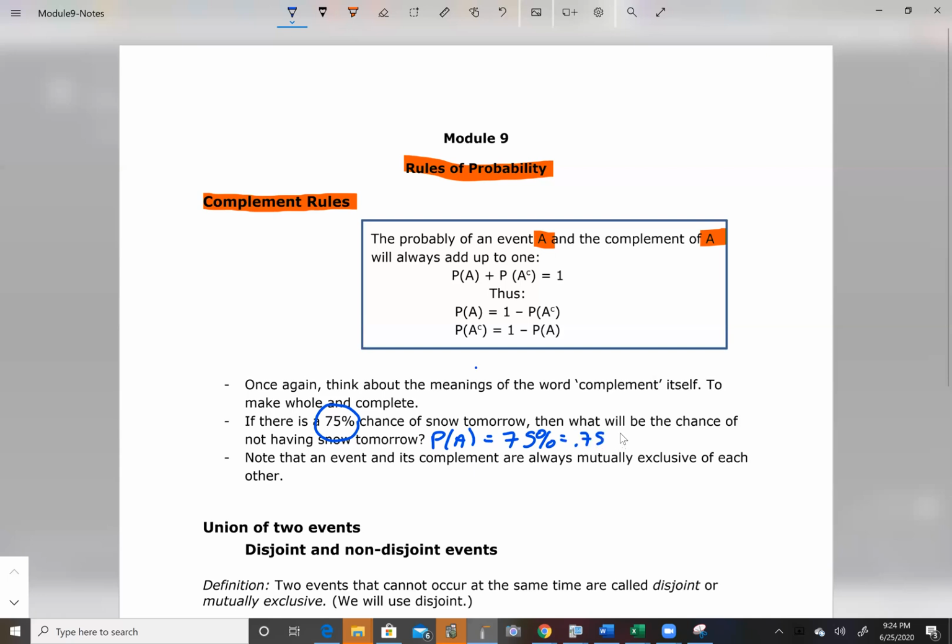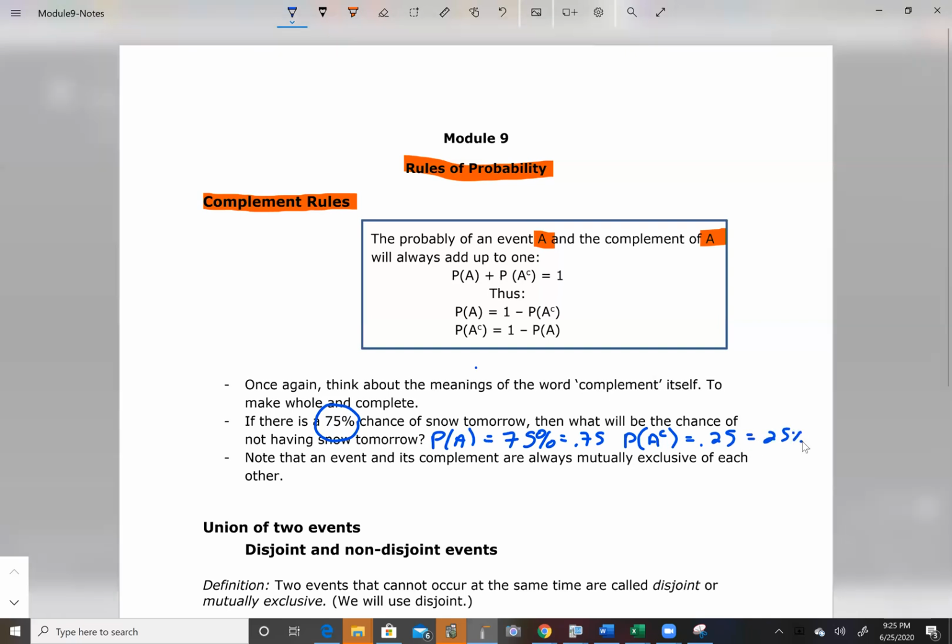That means that the complement, and I've also seen it written as P not, you could write it as P not also, but the way this class uses it, the complement of A would be A little c, is going to be 0.25 or 25%.